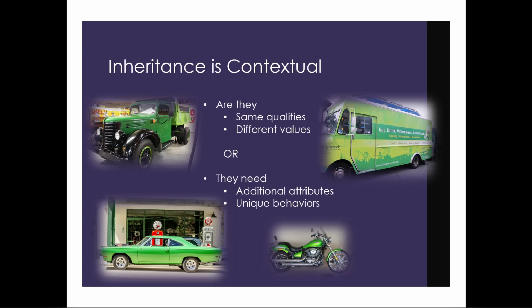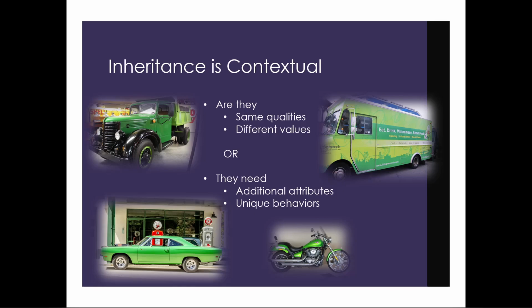You know, they all drive, but perhaps they drive differently. A motorcycle, they kind of have to balance that, or put your legs down when you stop or something like that. So there could be something slightly different there that would put the need for the subclass out there. And so this is a very fuzzy concept. I can't give you a hard and fast rule because it's, as I said, contextual.